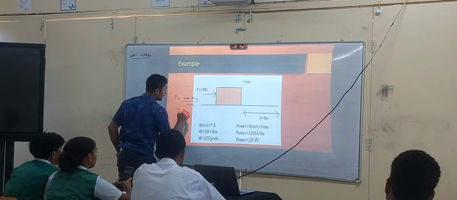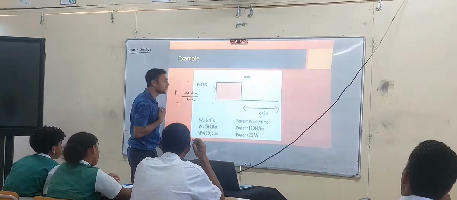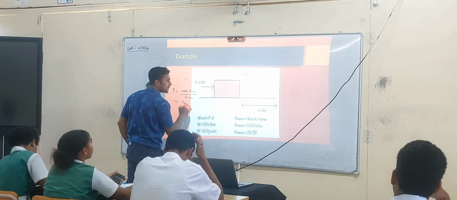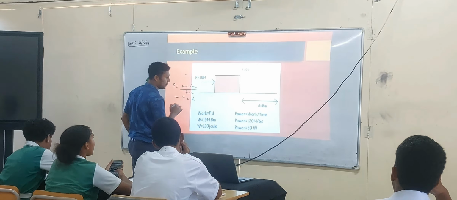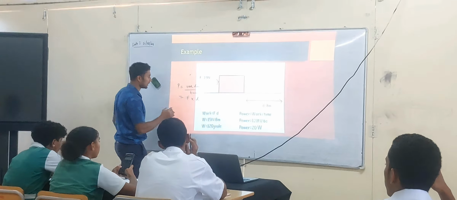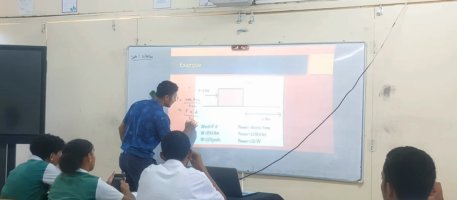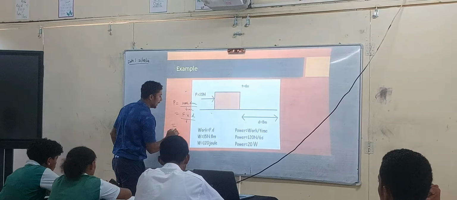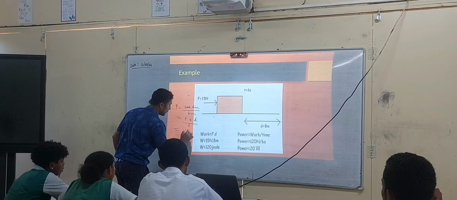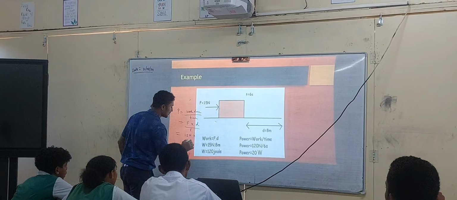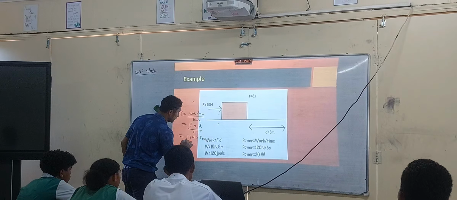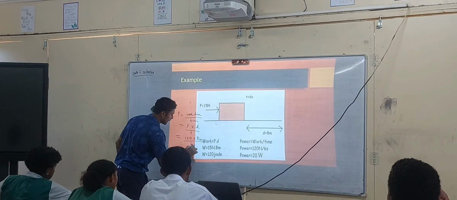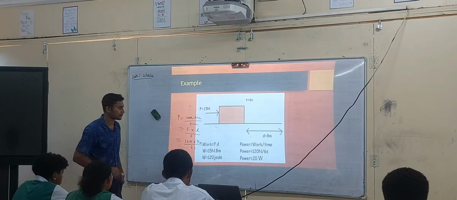Work done is force times distance. So force times distance divided by time. Force is 15 Newton times distance 8 meters, divided by 6 seconds. What do we get?